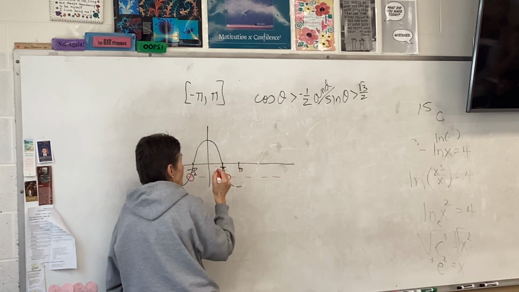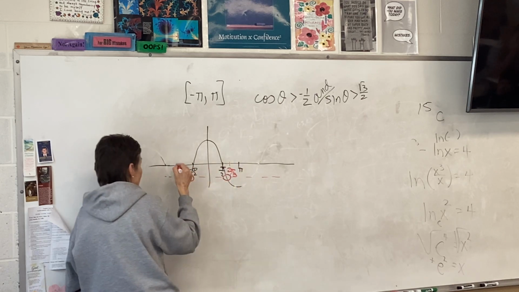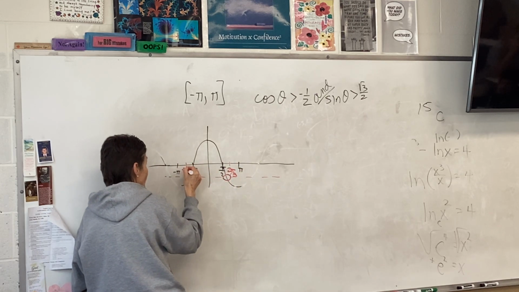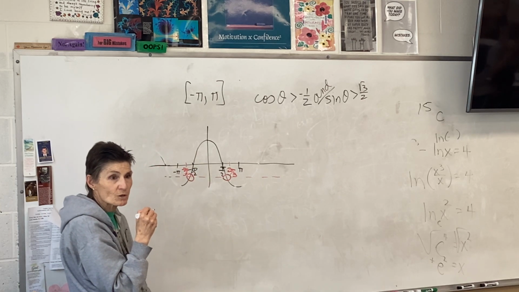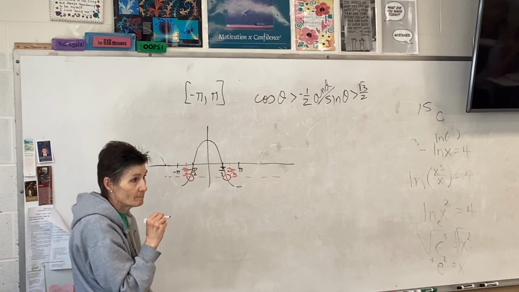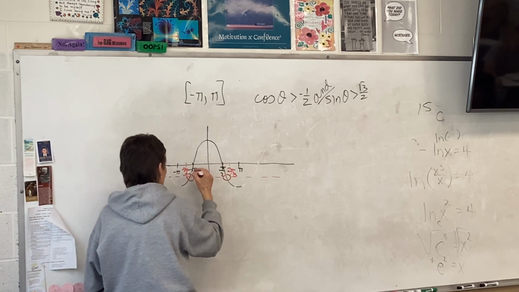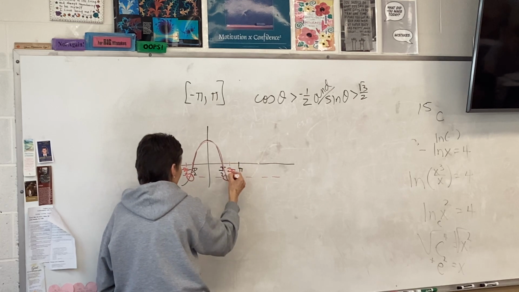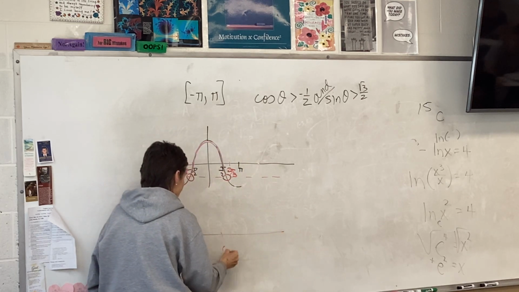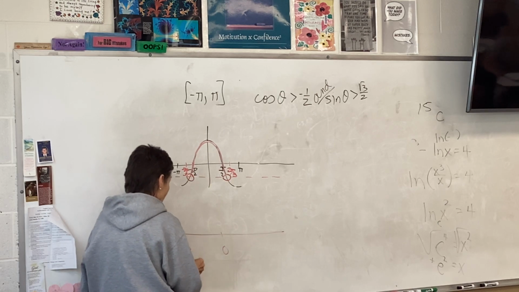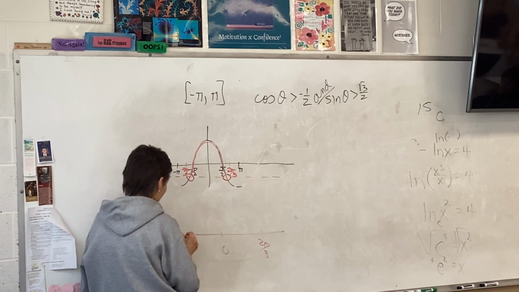But it's negative, so it would have to be 2 pi over 3, and this would be negative 2 pi over 3. We don't usually think about it like that. We usually think of it as 4 pi over 3. Everybody okay with that? And I need to be bigger than, so I'm looking at this right here. So if I look at my x-axis, I'm from negative 2 pi over 3 to 2 pi over 3. That's the part that's shading.